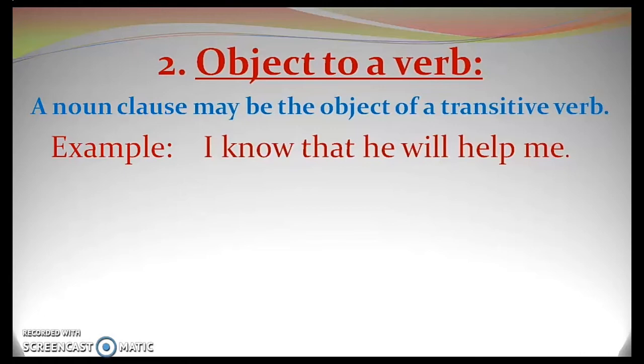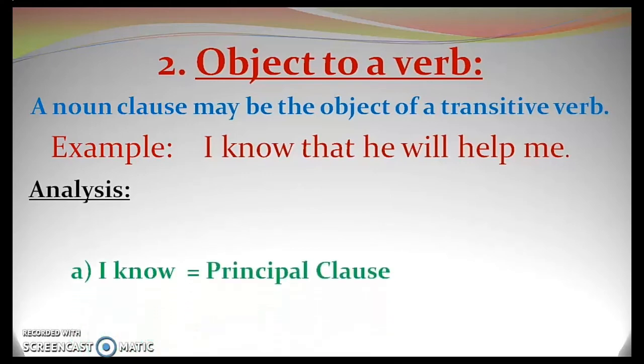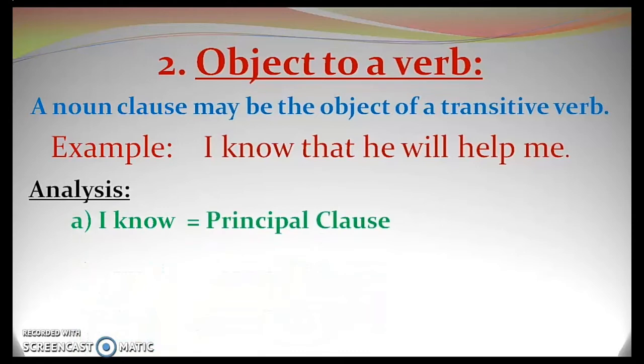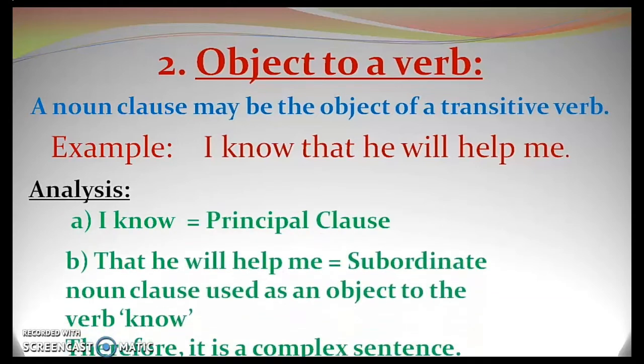Example: I know that he will help me. Analysis: I know equal to principal clause. That he will help me, subordinate noun clause used as an object to the verb know. Therefore, it is a complex sentence.